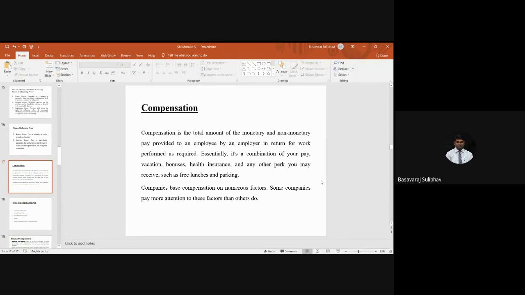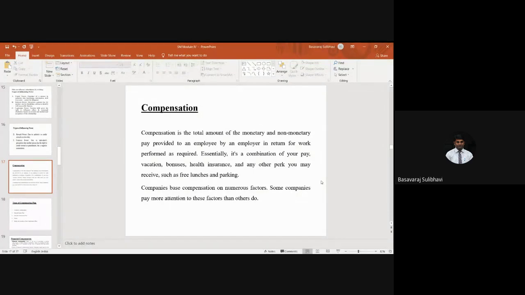In simple words, when a job is performed by an employee and the outputs expected by the employer are met, the performance meets the standards, the required task is performed for the employer, so he gets some value in return.